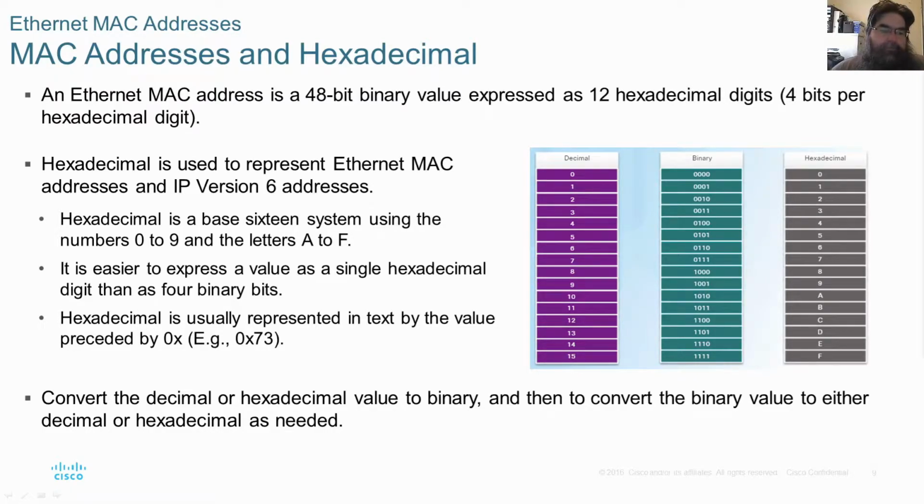So basic hexadecimal runs between 0 and 9, and then A to F. If you look on the sheets here, 10 becomes an A, 11 B, and so on to 15, which is the F. And when we deal with hexadecimal, we also deal with hexadecimal pairs. So a hexadecimal digit is represented always in pairs.